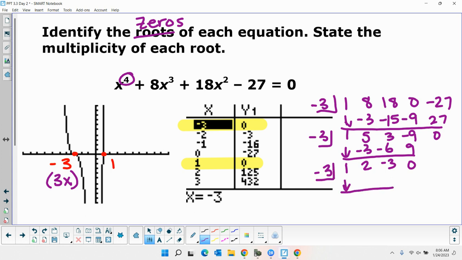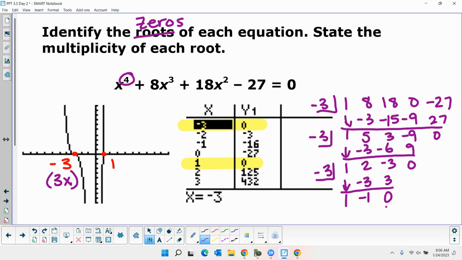Let's just make sure. Yeah, it works. Okay, 3 times. So we were right. So the calculator found them for us. That one would have been hard to, well, maybe not. Might have been hard to factor.